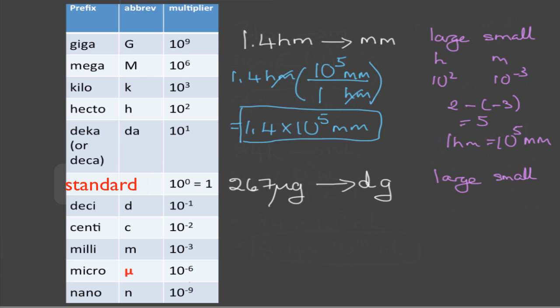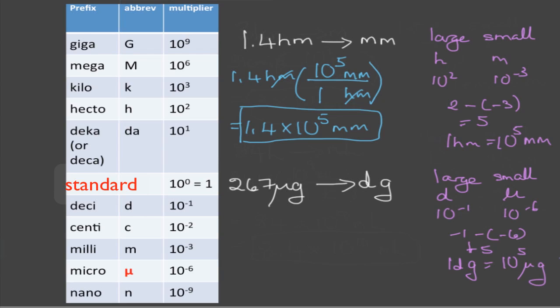Well, from the table, you can see that is deci, and micro is smaller. Deci goes with 10 to the negative 1, micro with 10 to the negative 6. The powers of 10 between them are 5. This means that 1 decigram is 10 to the 5 micrograms.